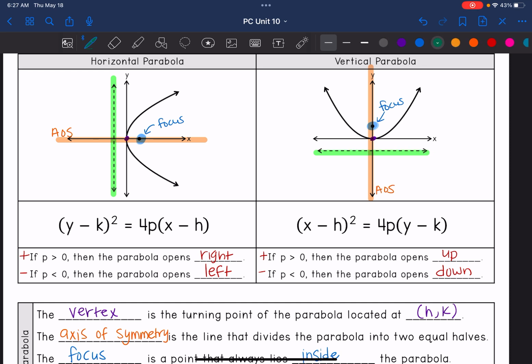It also goes a different direction. So if your parabola is horizontal, your directrix is going to be vertical. If your parabola is vertical, your directrix is going to be horizontal. So a reminder for vertical lines, your equation is always going to be x equals a number. So over here, it'll be x equals whatever number they decide. For horizontal, it'll be y equals a number.